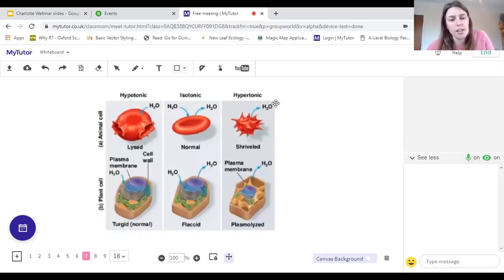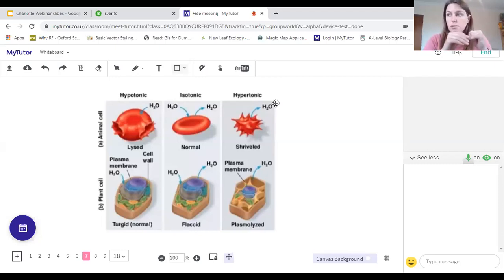So for this one, we're going to work from left to right. So we're going to start with a hypotonic solution. Plant cells like to be plump. If you remember, they have a vacuole and they have a cell wall for keeping them plump. The vacuole that's full of cell sap comes into play an awful lot when you're talking about osmosis in plant cells.